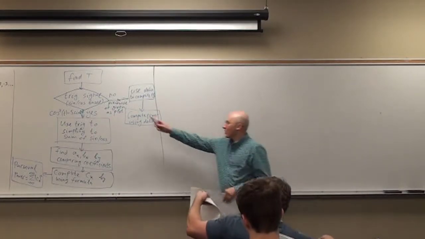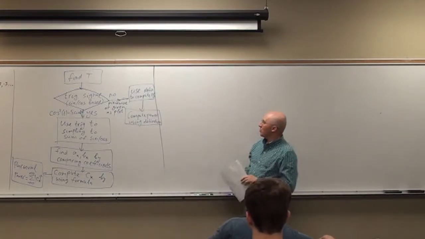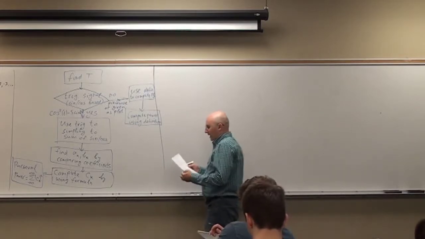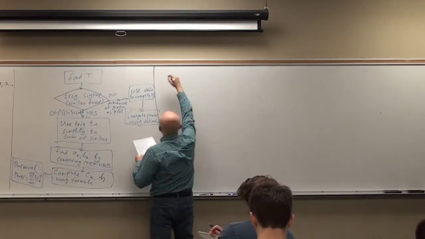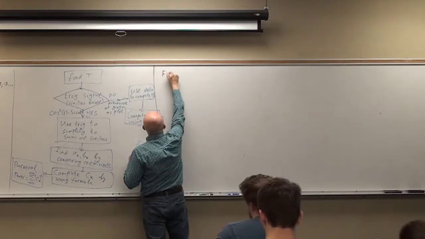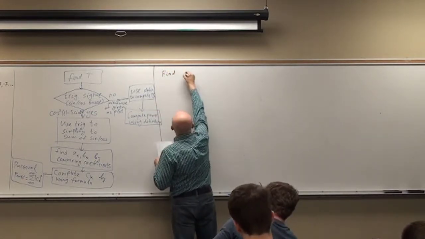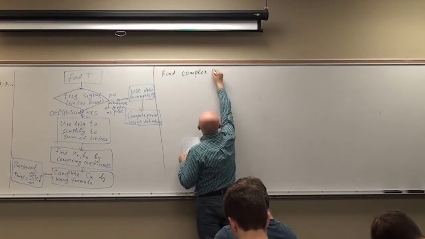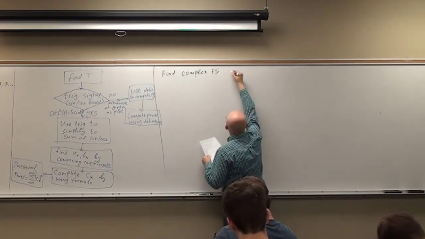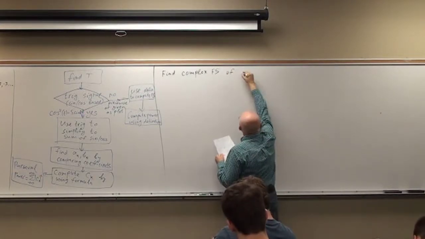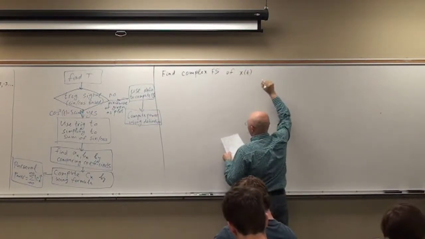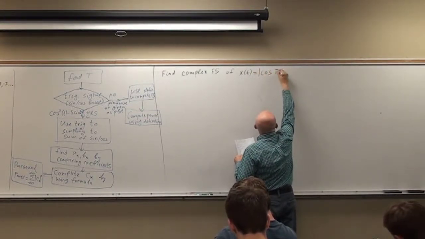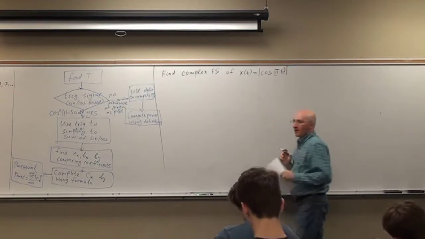So let's see one example which kind of contradicts what I said here. Not exactly, but well, so this is our example. Find the complex Fourier series of x of t, which is the absolute value of cosine pi t.